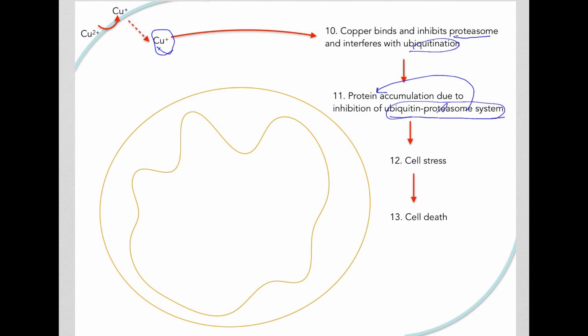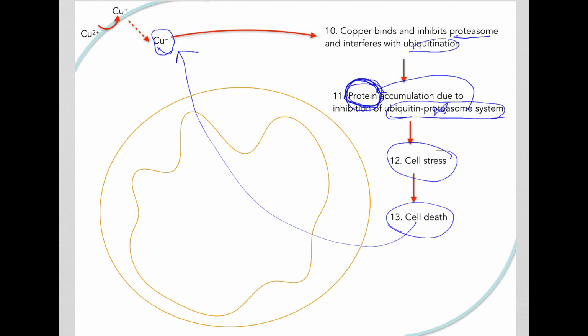So if this system is inhibited, proteins are not destroyed, and more and more damaged proteins will accumulate in the cell. This accumulation of proteins is going to lead to cell stress and eventually cell death. Since this cell death is due to copper, this would be cuproptosis.